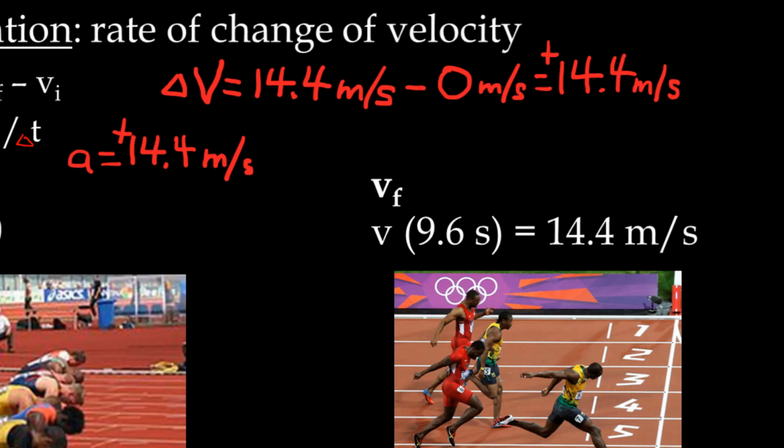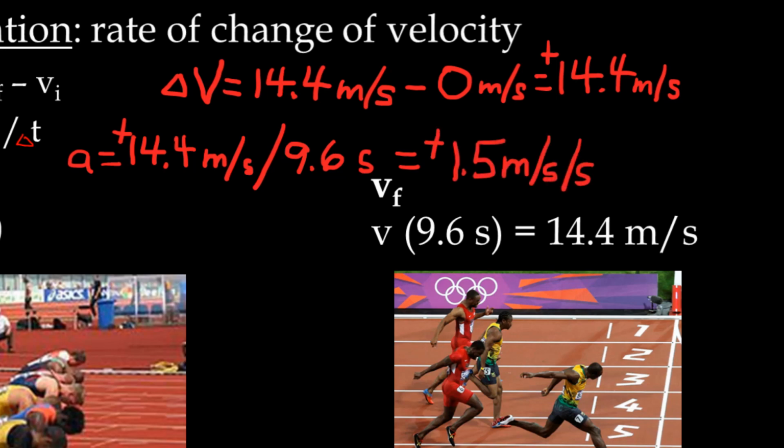Acceleration is that change of velocity divided by the change of time, or the elapsed time for his race, 9.6 seconds. 14.4 divided by 9.6 is plus 1.5, and now we have very interesting units, meters per second per second. What does that mean? That means I'm going 1.5 meters per second faster every second. 1.5 meters per second per second.